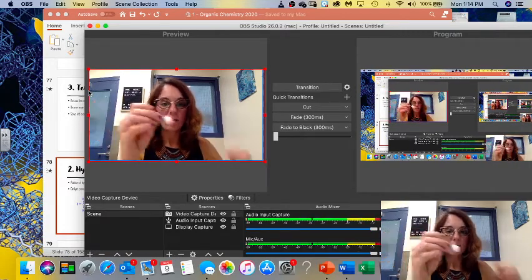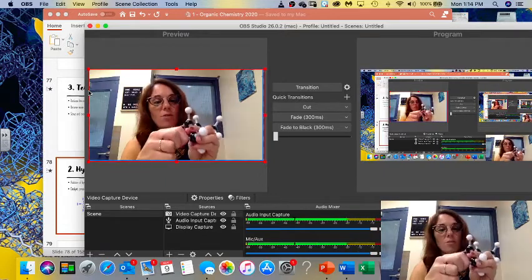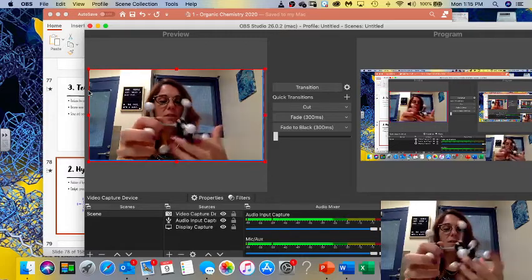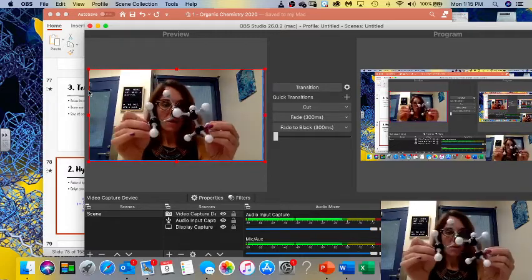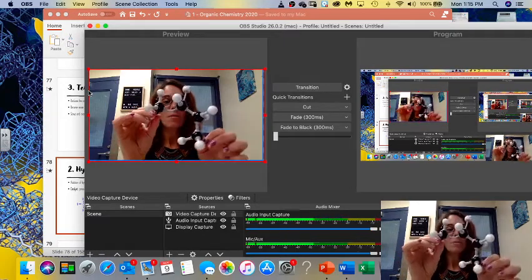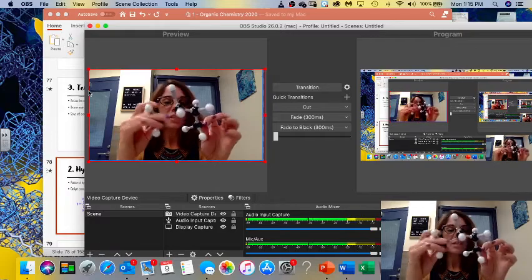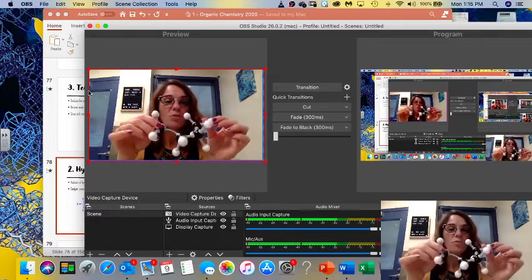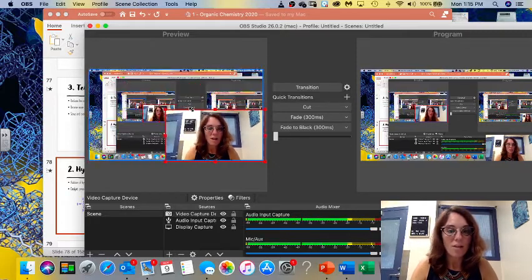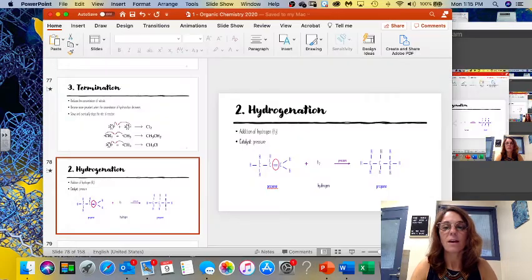The hydrogen is going to break apart as well, and it's going to bond in those open bonding sites. What have I created now? Again, I have created an alkane because I only have single bonds, and I've gone from butene, and now this is butane.